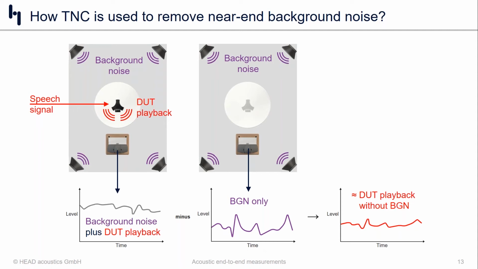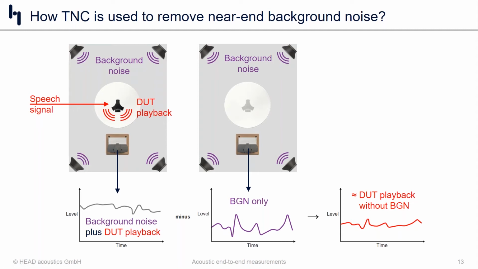If we are to do this time domain subtraction accurately, we need to ensure that all of our signals are going to be triggered at an appropriate time to a bit level accuracy, so that when we do that time domain subtraction, we have confidence that the background noise that we measure here is removed from that gray murky mix, leaving us with the device playback as if the background noise wasn't playing. Hopefully that's clear to everybody.